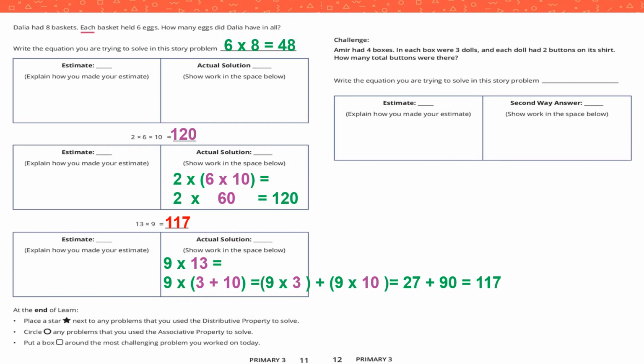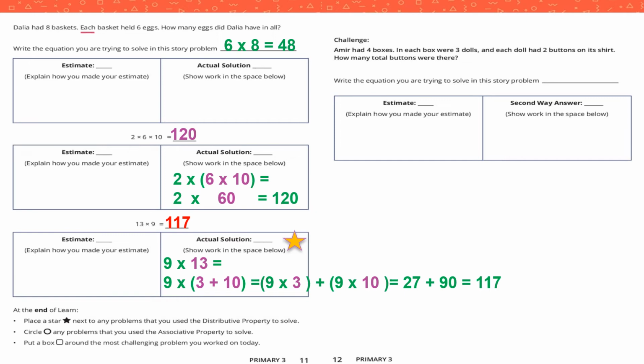At the end of Learn, place a star or put a star next to any problem that uses the distributive property. Which one uses the distributive property? The last one. So I will put a star here. Circle any problem that you used the associative property to solve.